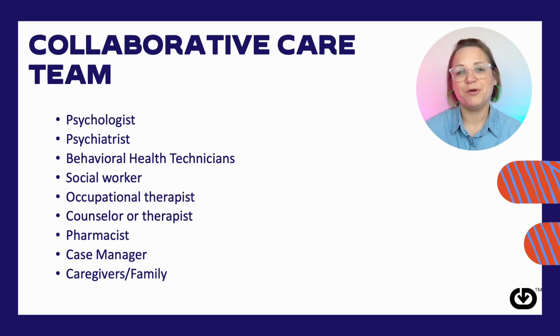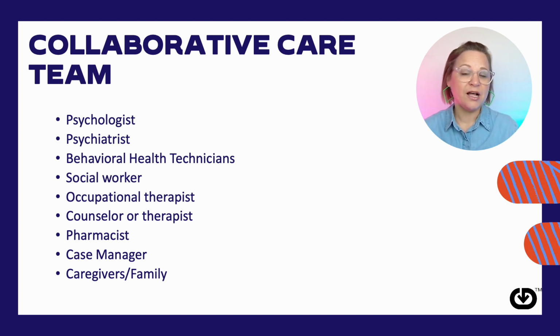There are a number of people on the patient's collaborative care team in mental health. The first is the person who is going to diagnose the mental health disorder. There are two different roles that can do that: the psychologist and the psychiatrist. A psychologist is not a medical doctor, but they do have a doctoral degree, either a PhD or an Ed.D.